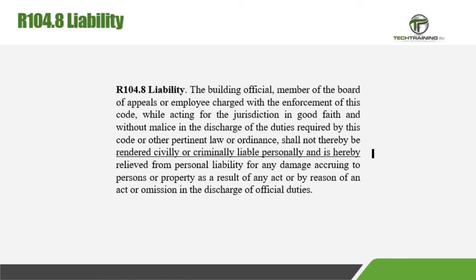This technical change is stating that a building official shall not be rendered civilly or criminally liable personally and is hereby relieved from personal liability for any damage occurring to the persons or property as a result of any act or by reason of an act or omission in the discharge of their official duties.